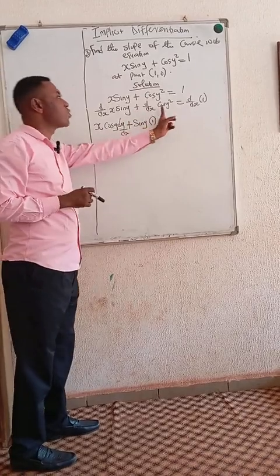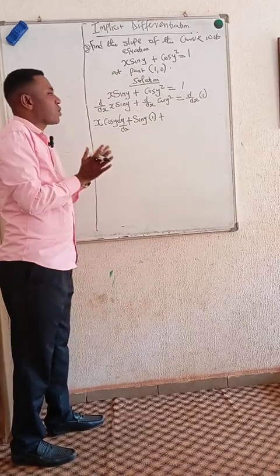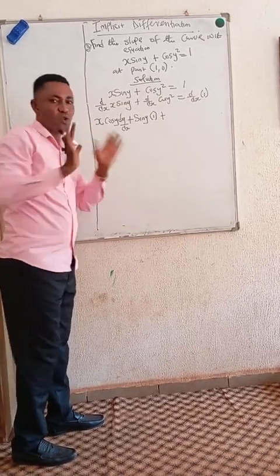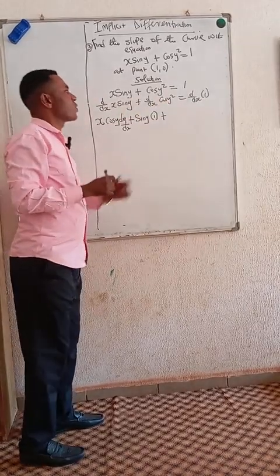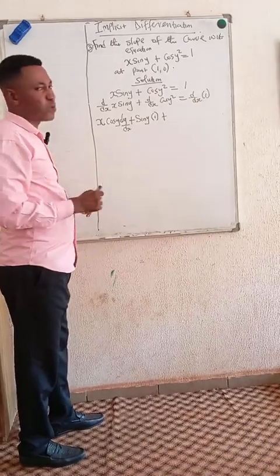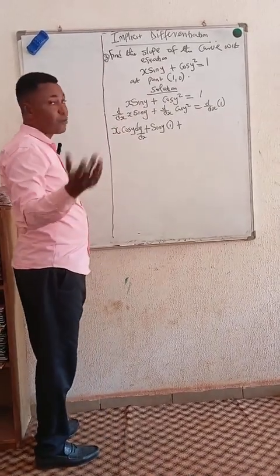But now we will use function of function because of this square. If it were just cos y, differentiating cos y would give minus sin y. But because of this square, we use function of function, which is the chain rule. Let me introduce an arbitrary function.